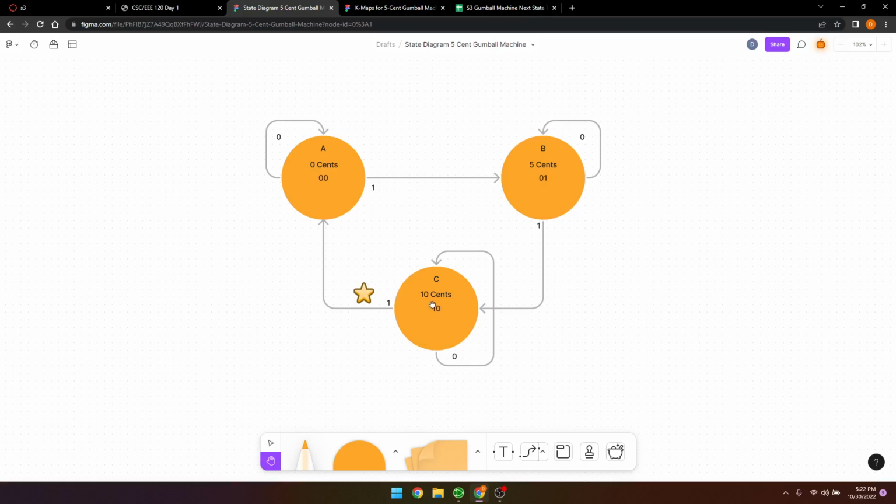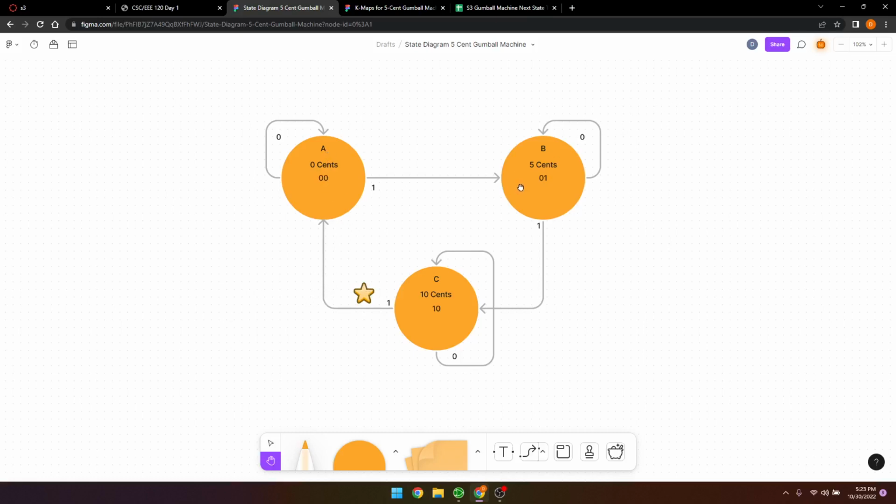The reason that we don't need a state for 15 cents is that the circuit is over once they've input 15 cents. So once there are 15 cents in the machine, if we had an extra state that represented that, it's not like when they input 1 cent, it's going to go to 20 cents or something.